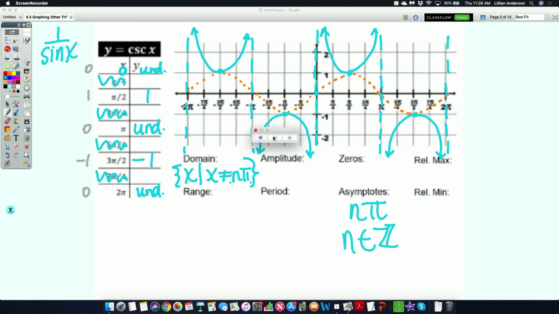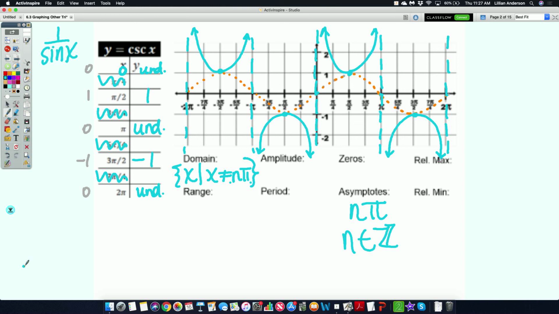Let's look at the range. What is the range of this graph? Negative infinity to positive infinity? Because it keeps going up and it keeps going down. But is it every y value? No. It's not 0. It's actually no values that are in between 1 and negative 1.